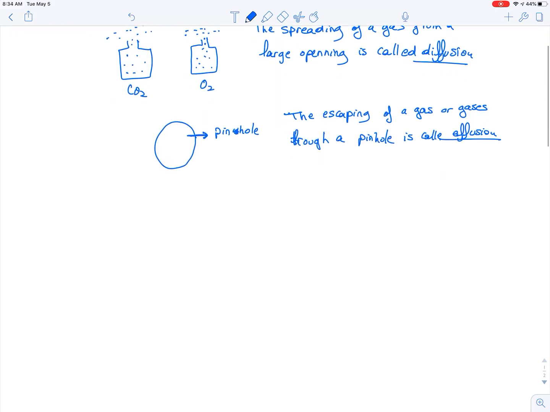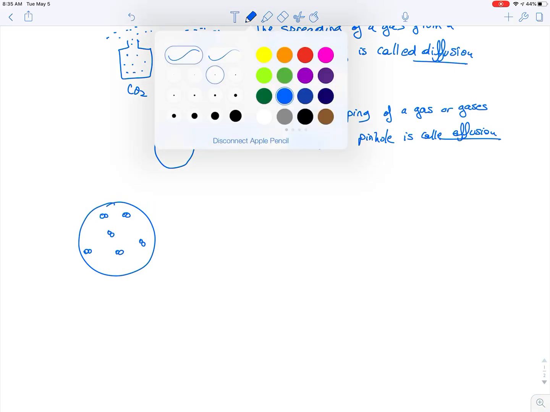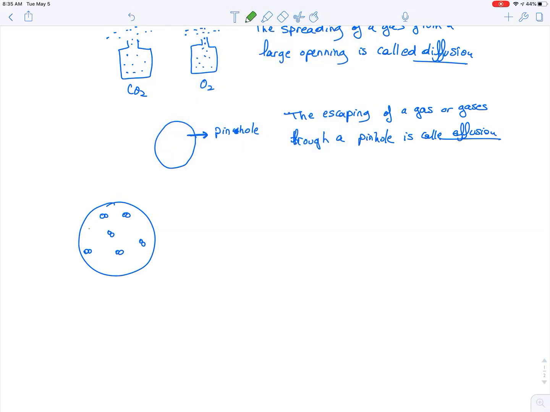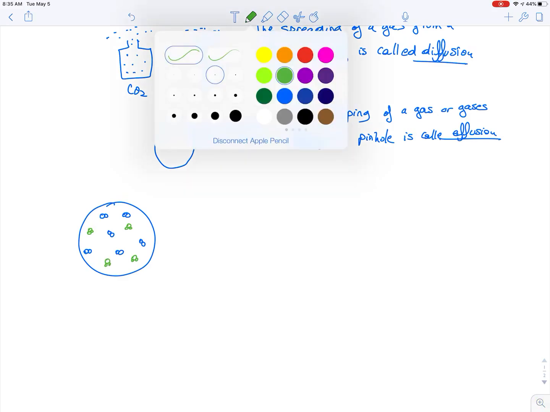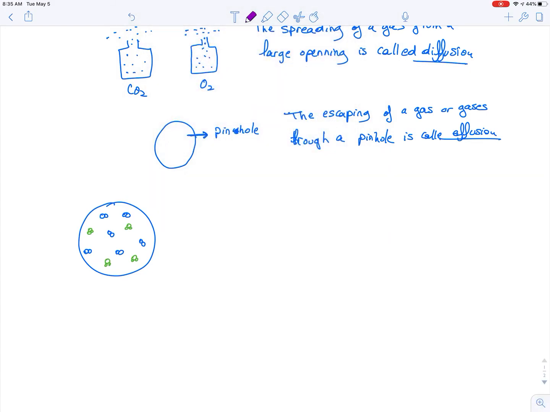Now let's look at a container over here that has a mixture of gases. Let me draw another one, for example, just this.